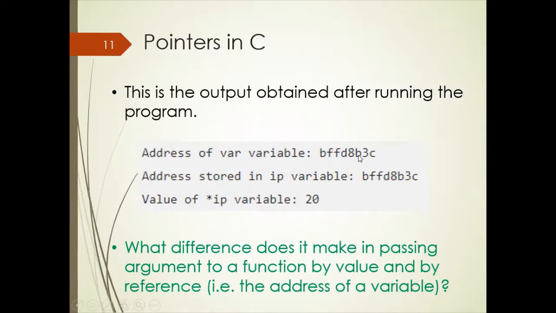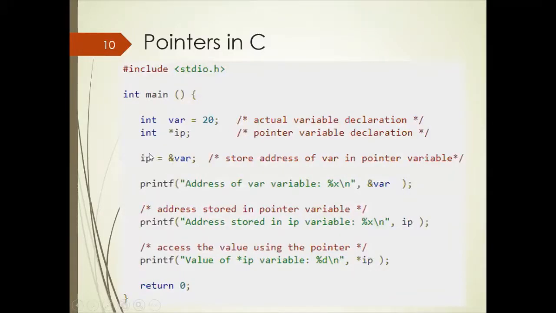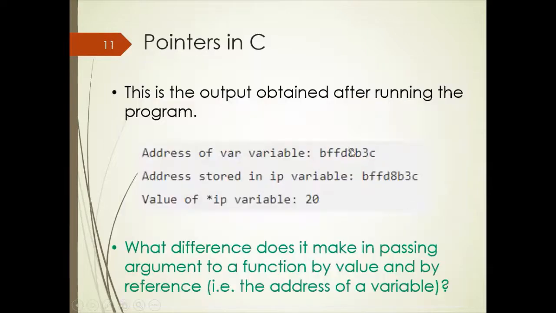So as expected, the address of the variable and the address stored in the pointer will be the same. These two values have to be the same because you have said to point this pointer IP to the address of var. So these two lines should give the same address. This is logical. And as we can see here, it is actually the same.